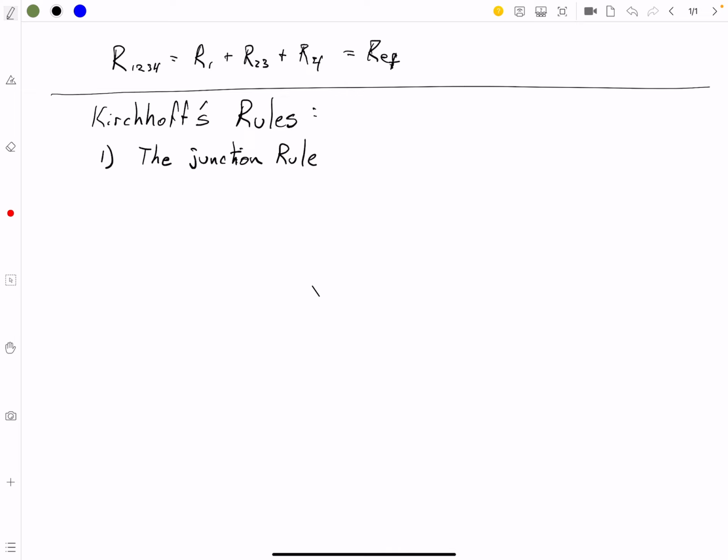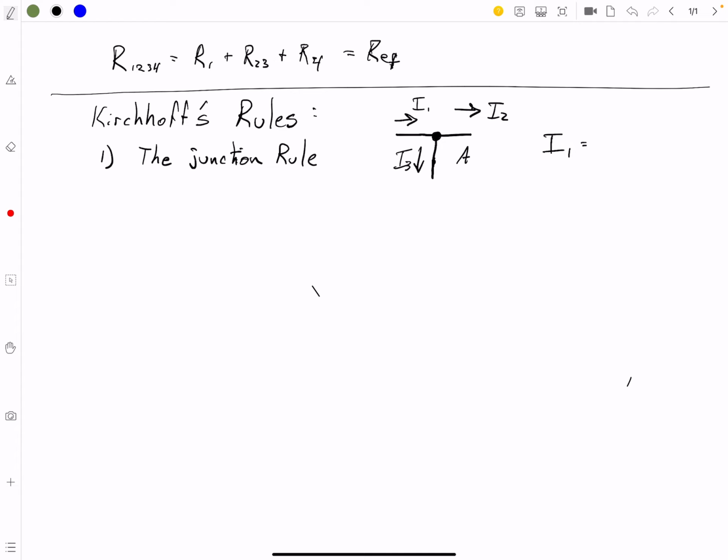And what does that mean? That means we've got some junction. We've got current going in different ways. We're going to guess that our I1 is going this way, I2 is going that way, I3 is going that way. Okay, that's just our guess. But one of the things that you have to do is you have to say, well, everything going into this point A, everything going in, what's going in?